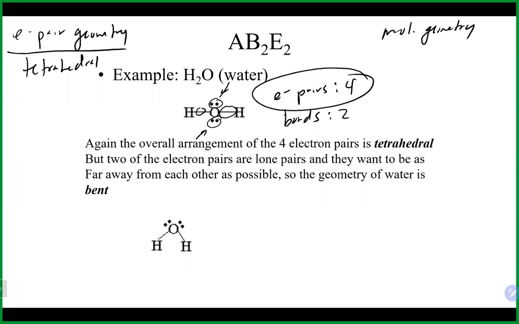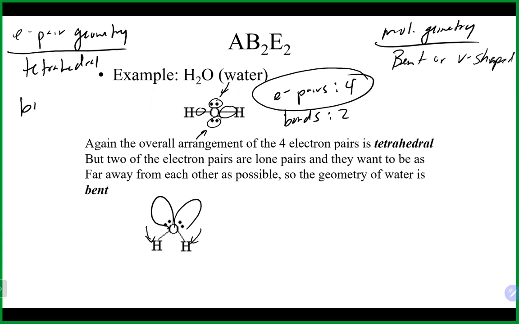Those guys want to get as far away as possible. So they're going to go this way. And again, that's going to push our bonds down a little bit. And this will be bent or V-shaped. And it has a bond angle of less than 109.5, about 104 degrees or so in the case of water.